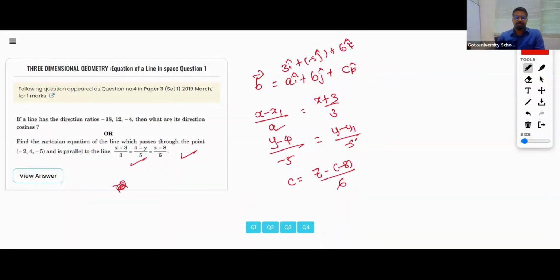So we have got this part. Let me erase the remaining part so that we can make space for the solution.